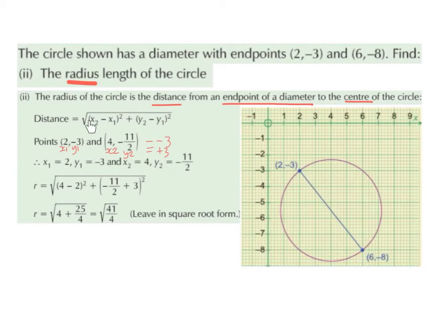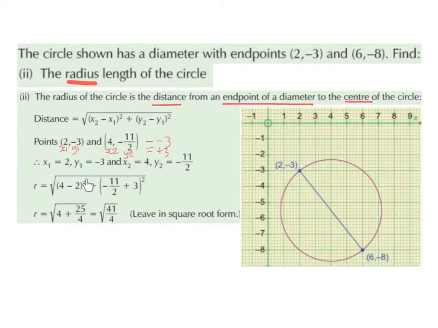So bring down the big square root, swap the x2 for 4, bring down the minus, swap the x1 for 2, squared, plus, swap the y2 for minus 11 over 2, and then we have minus y1, and y1 is minus 3, so we actually have minus minus 3, and minus minus 3 gives us plus 3, so that's why we have plus 3 in there, and all that's squared.